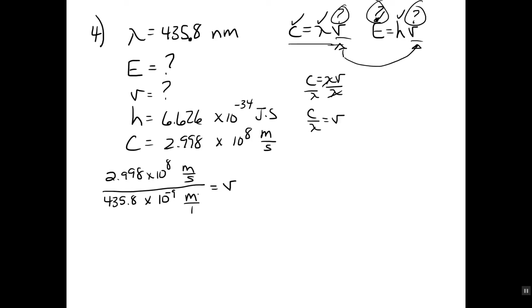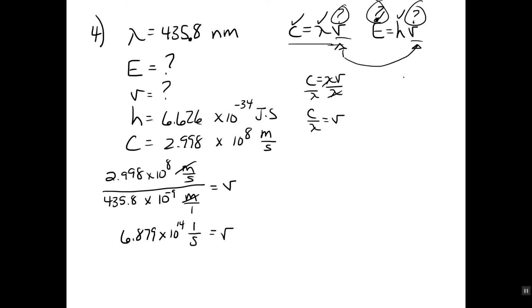So again, that's m over 1. So we divide those, but you can see clearly here you have 1 over s, and here now you're going to have 1 over 1. So your label is going to be 1 over s, which is good because that's a good unit for frequency. And so we divide these, and we get 6.879 times 10 to the 14th. Okay, and that's keeping in account for our 4 sig figs here.